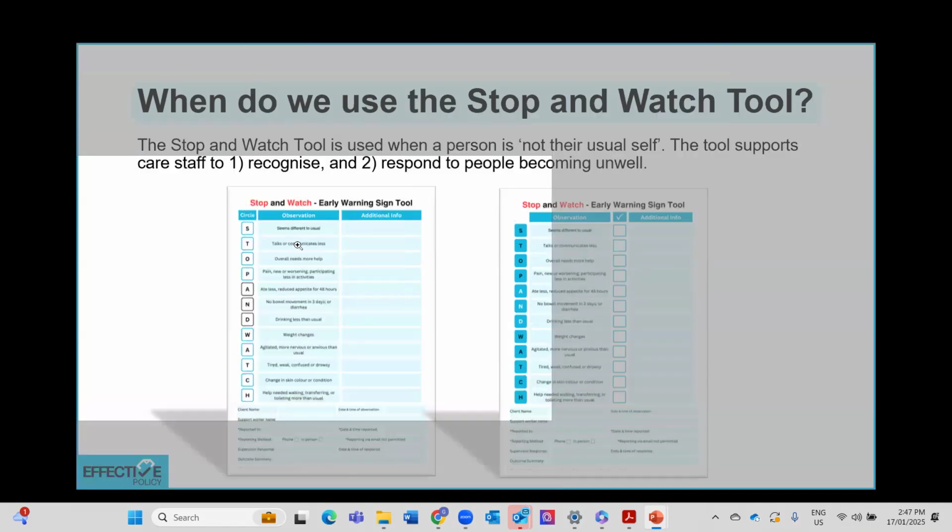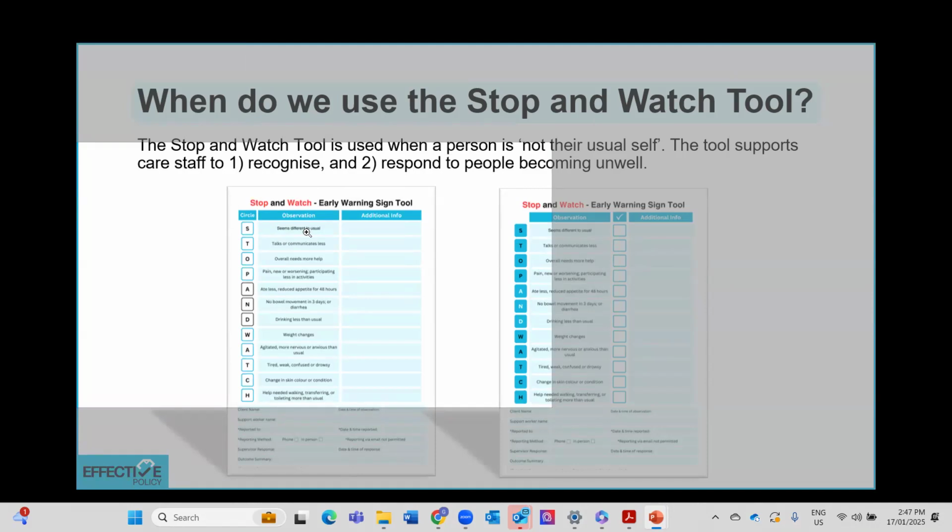Yeah, so each letter has an observation. S, seems different to usual. That's so easy to understand. T, talks or communicates less. O, overall needs more help.